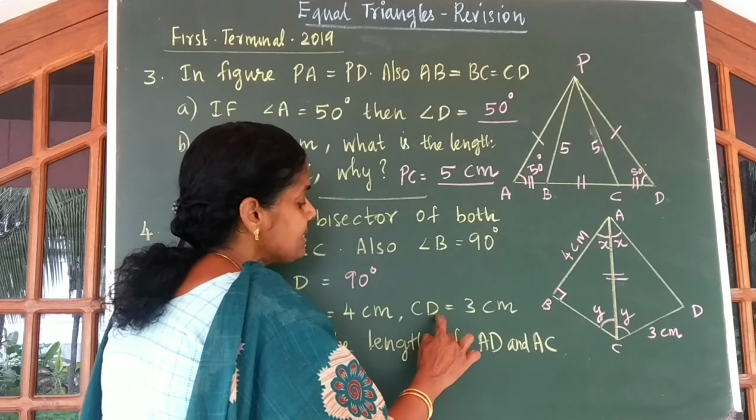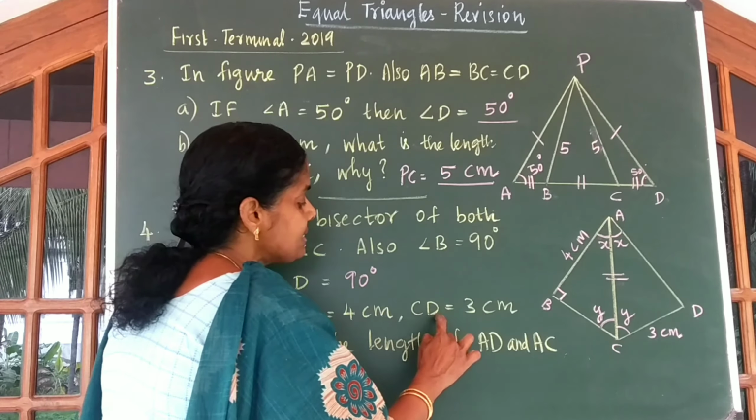So, opposite to this Y angle also, you will get 4 centimeter. Opposite to X, we have 3 centimeter. So, opposite to this X, we have 3 centimeter. So, first question, AD. We can say AD's measure is equal to 4 centimeter.